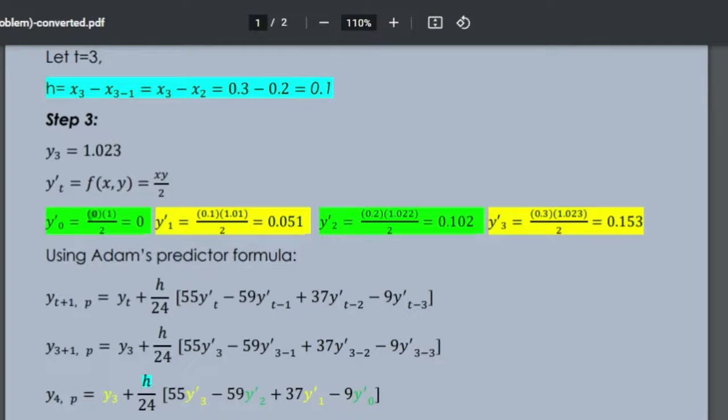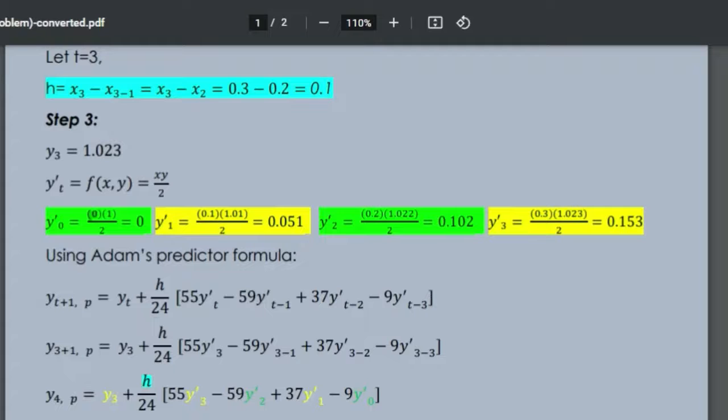So y prime sub 1 equals 0.1 times 1.01 over 2 equals 0.051. y prime sub 2 equals 0.2 times 1.022 over 2. y prime sub 3 equals 0.3 times 1.023 over 2 equals 0.153.